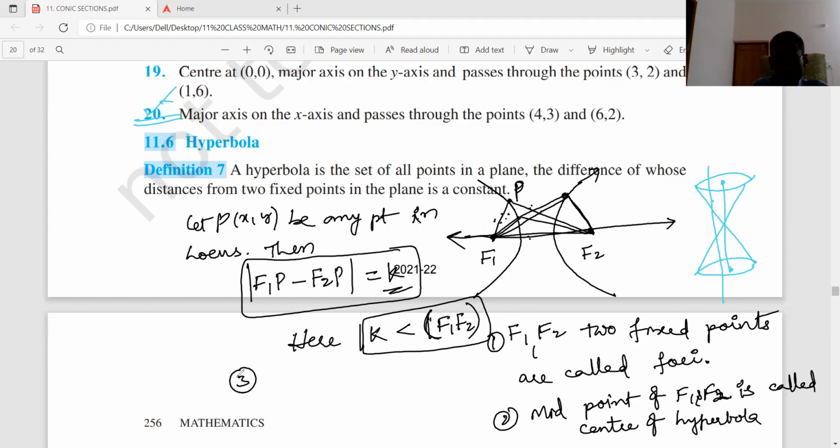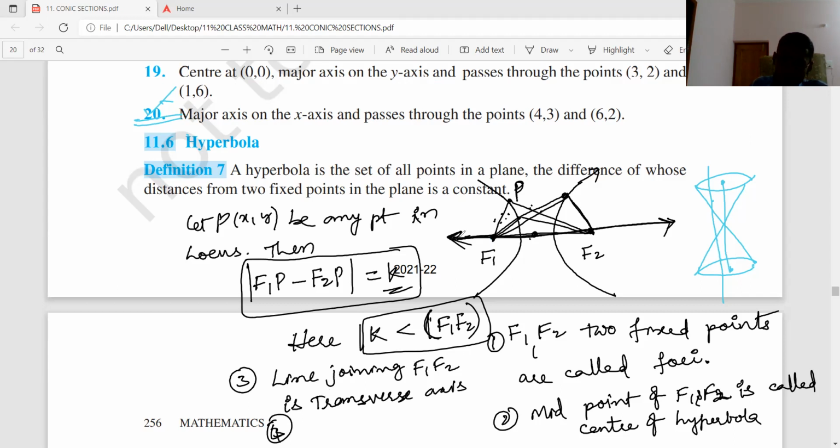Next, number 3: the line joining F1 and F2. This line is called what? The major axis, as in the ellipse? Yes, sir. But here it's not called major axis, it's called the transverse axis. This is the center, and this line joining F1 and F2 is the transverse axis.